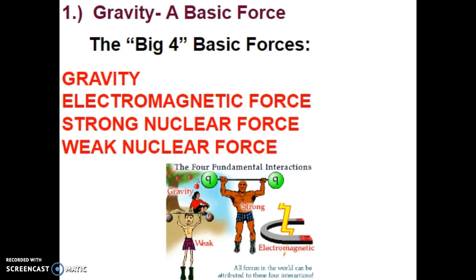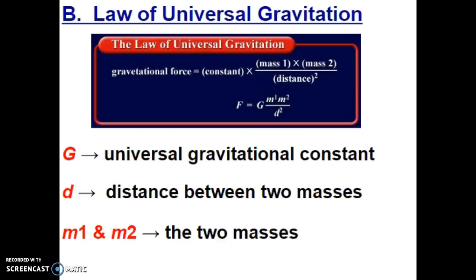We call gravity a basic force. There's the big four of the basic forces. Along with gravity, we have the electromagnetic force, the strong nuclear force, and the weak nuclear force. But gravity is universal. Gravity exists everywhere in the universe. It just depends on how much.